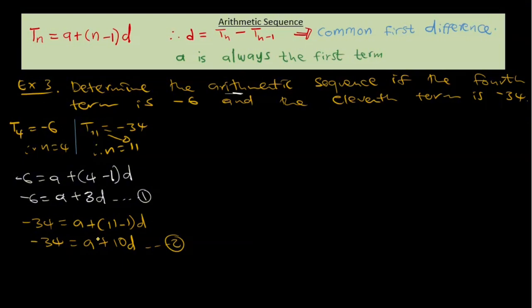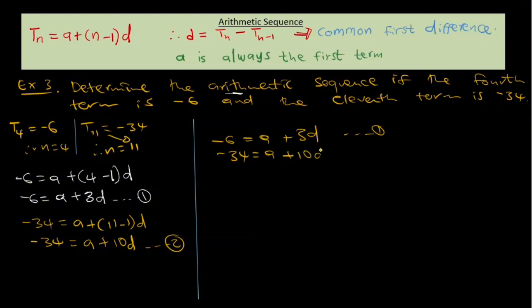Now, I've got two equations. I'm going to solve them simultaneously. Equation 1 is minus 6 equals a plus 3d. Equation 2 is minus 34 equals a plus 10d.